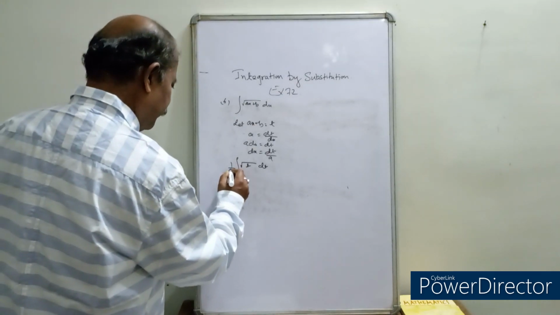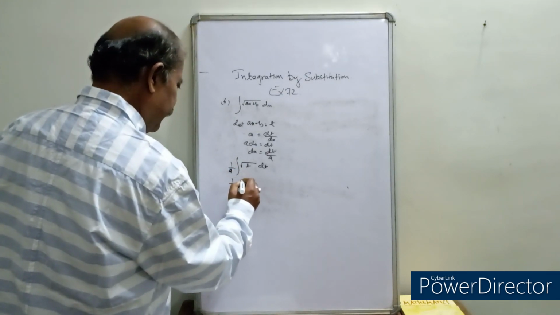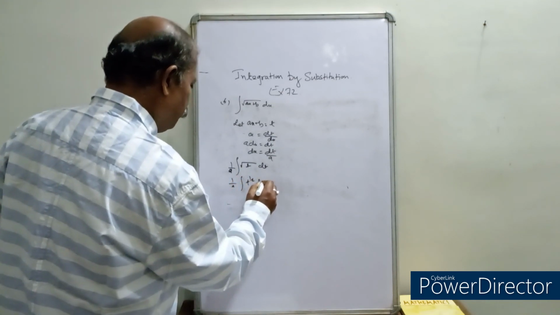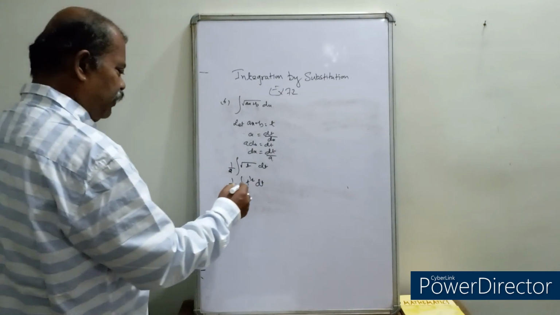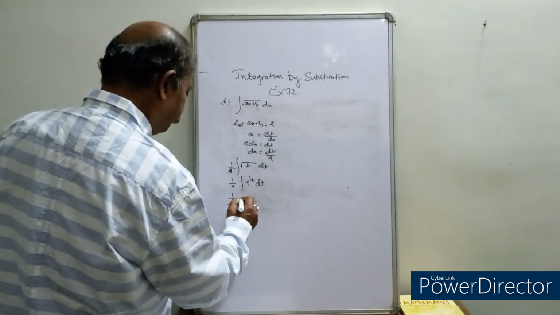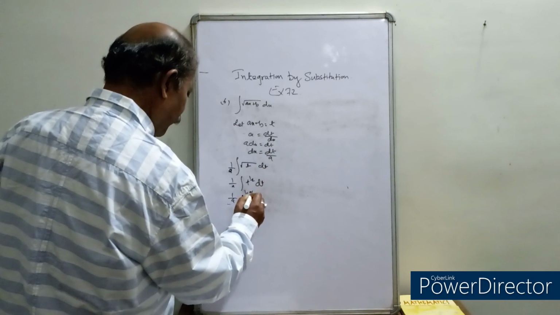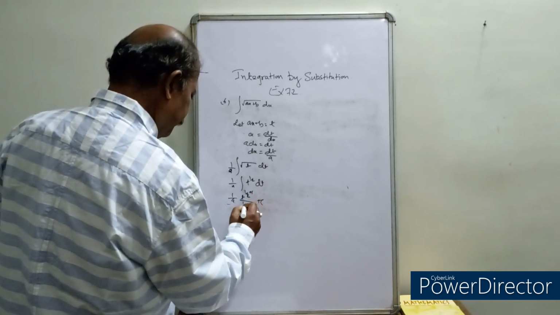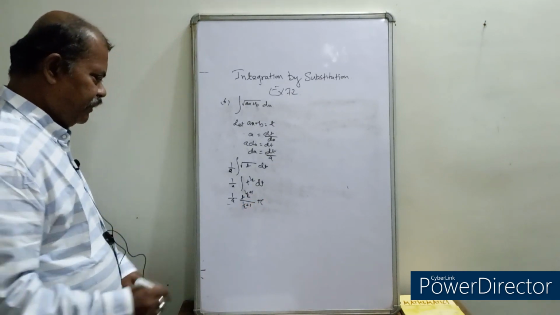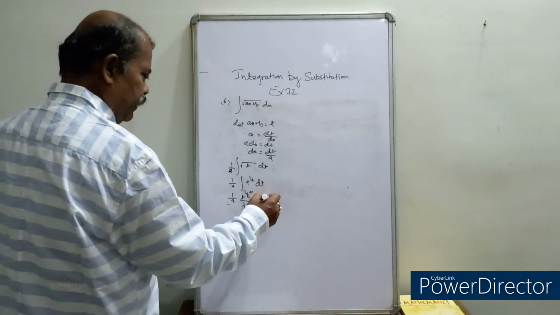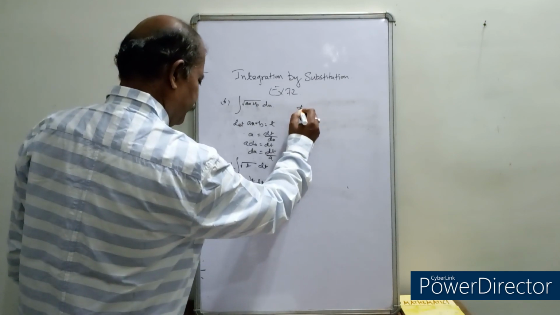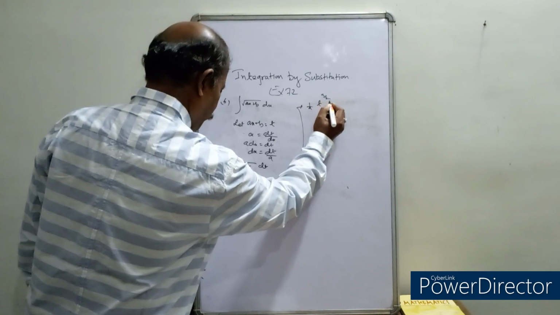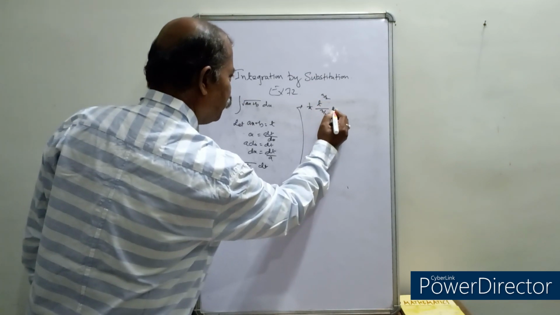Now root means t to the power of half, and when you integrate it, I get t to the power of half plus 1 divided by half plus 1 plus c. So your answer comes out to be 1 by a, t to the power of 3 by 2 by 3 by 2, plus c.